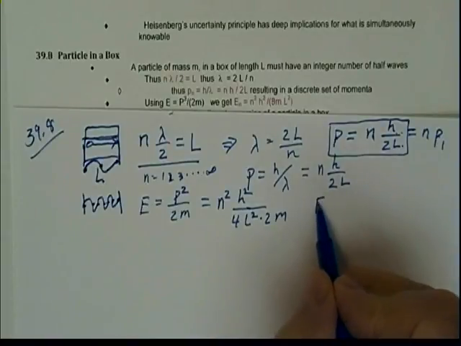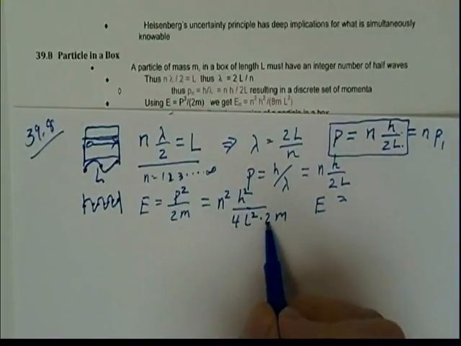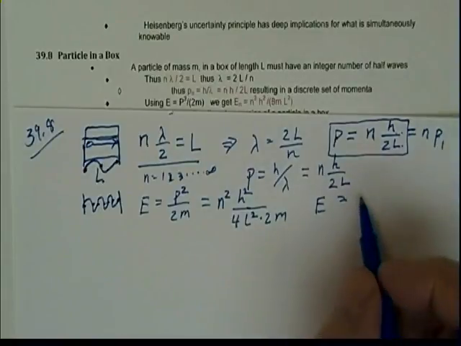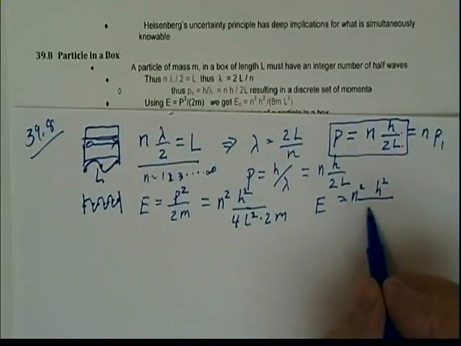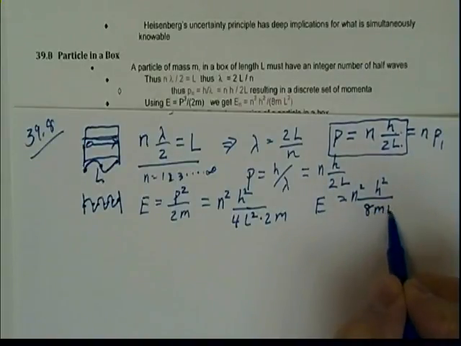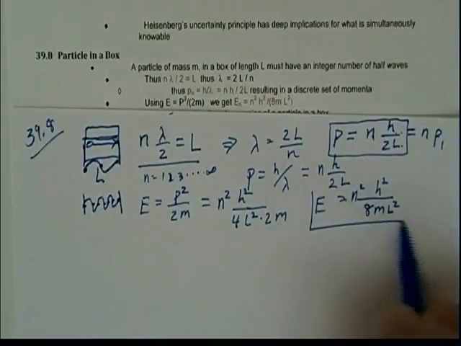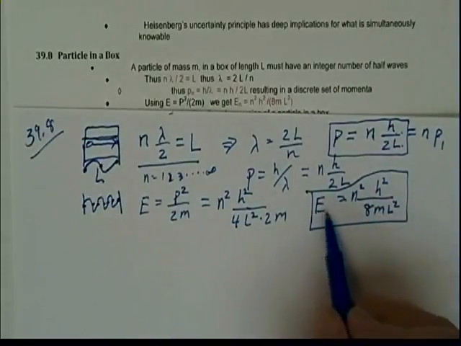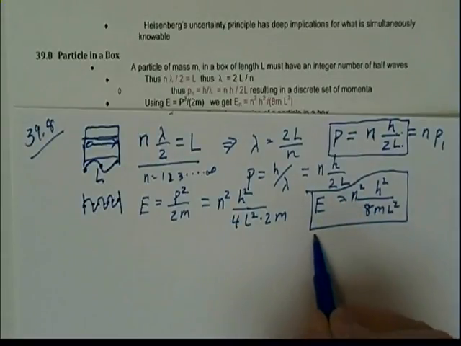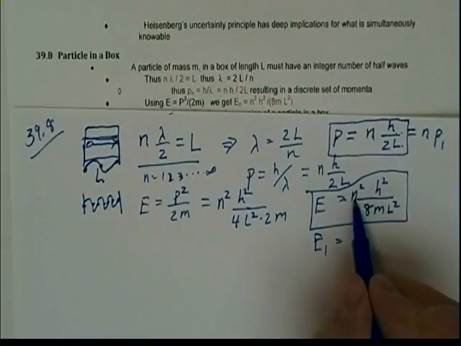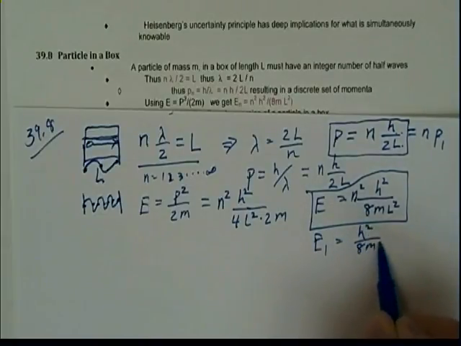And if I simplify that, I get 2 times 4 is 8. So I would get E equals n squared times h squared over 8mL squared. So now we see that the energy is also quantized. And it will go as multiples of the first energy. What is the first energy? E1 is where n is equal to 1. That would be h squared over 8mL squared.